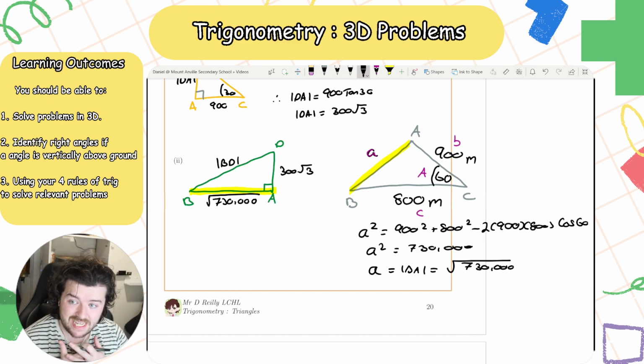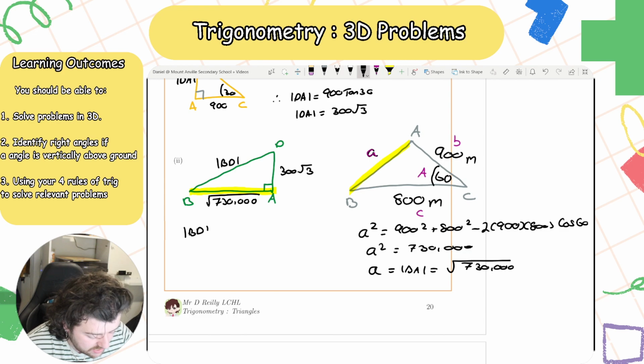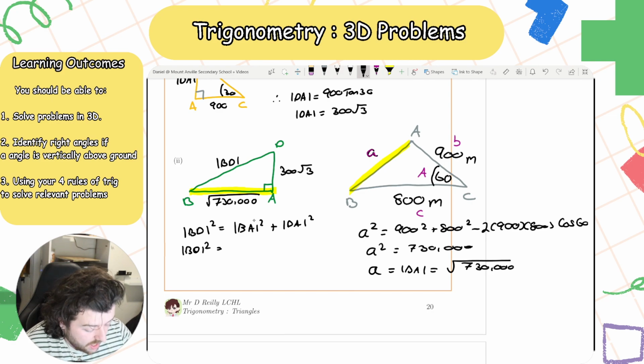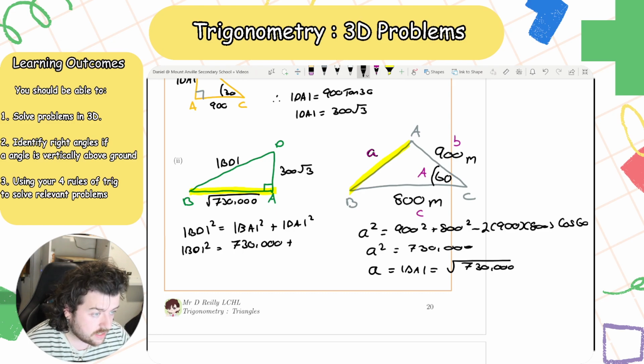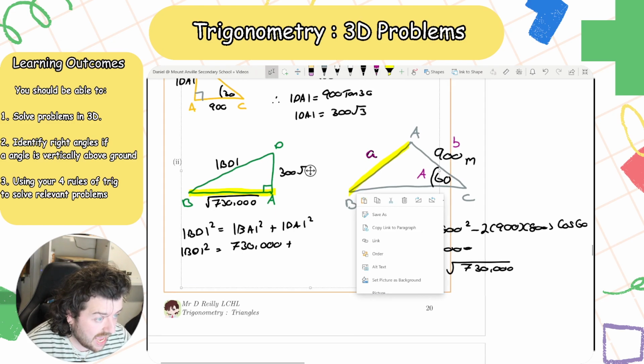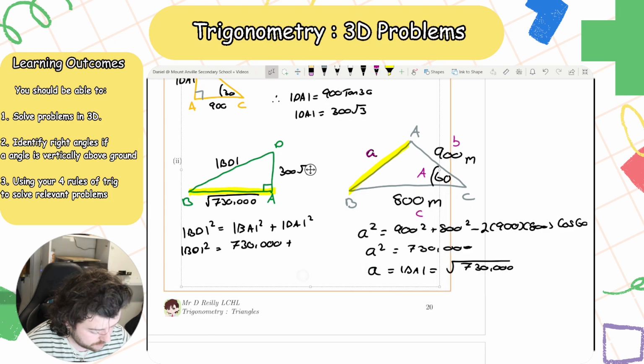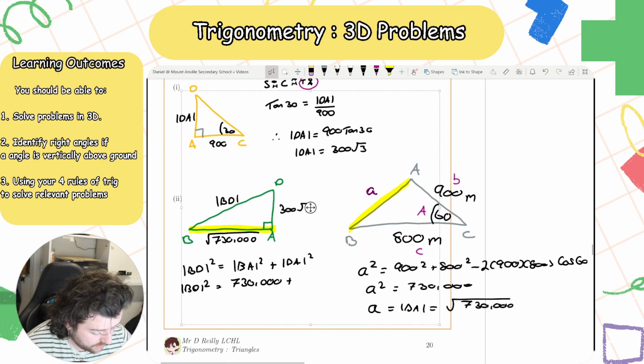And how can I solve for side BD? I can use Pythagoras, because I have a right angle triangle. So I know BD squared is going to be equal to BA squared plus DA squared. So BD squared is going to be equal to BA squared. Squaring a square root just gets rid of the square root, so it's going to be 730,000 plus DA squared, or AD squared, whatever you want to call it.